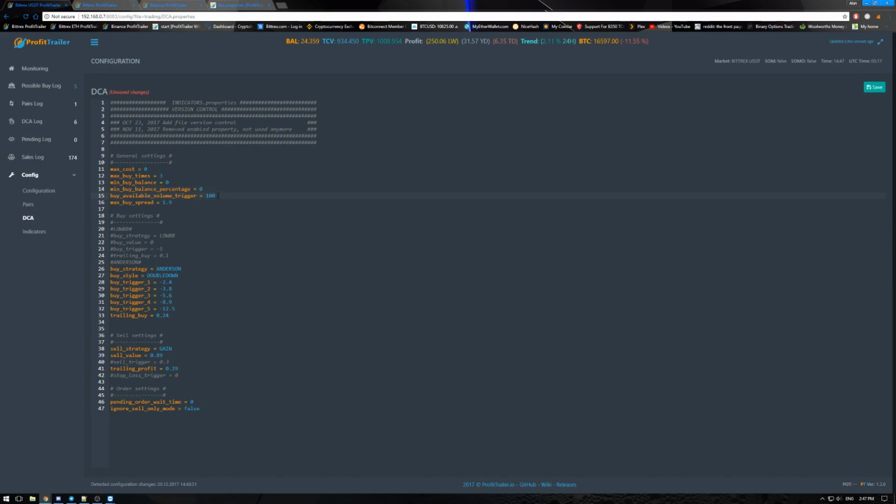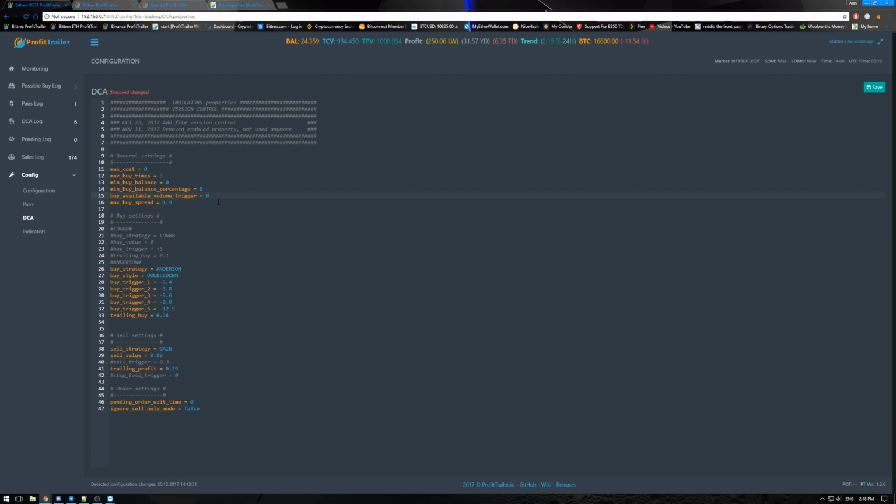Buy available volume trigger. This stops partial buys essentially. This is a percentage, so treat it as 100%. So this looks on the exchange, and if it can't buy 100% of your order, it won't buy.